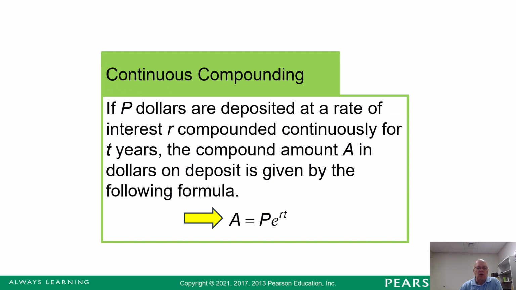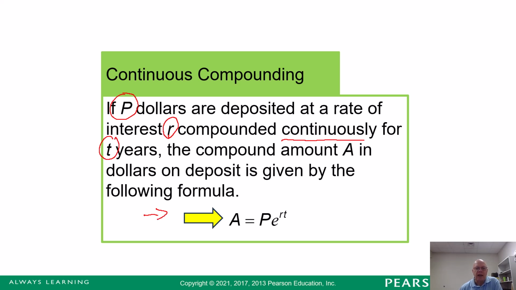So how does it work? Well, if you invest P dollars like we did before, with the regular compounding at this annual rate, continuously, look for this, and for T years, it's always in years. Here is the formula you need.